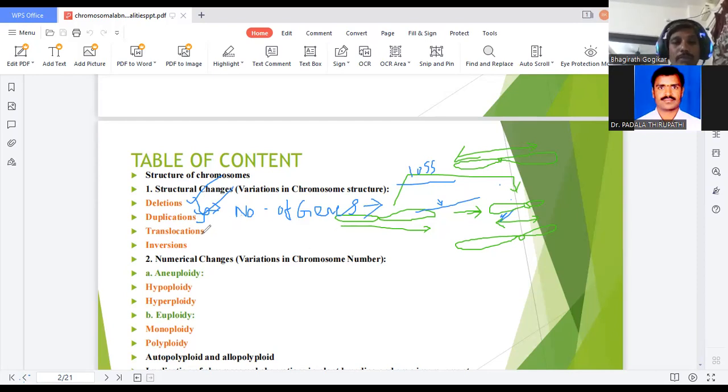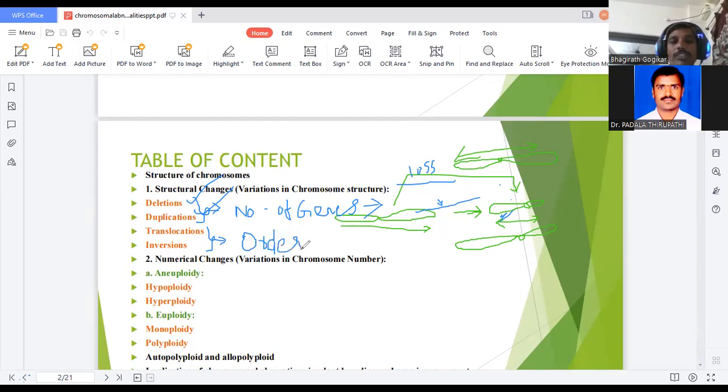The remaining 2 kinds of aberrations, translocations and inversions, involve a change in the order of genes. What is that? The order of genes is changed.